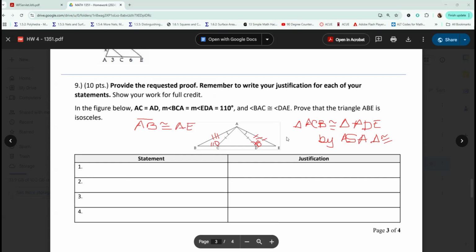And then we just prove it because the triangles are congruent. So why are they congruent? By CPCTC, corresponding parts of congruent triangles are congruent. By CPCTC, these two sides are going to be congruent because the triangles are congruent. Then you can say that by definition of an isosceles triangle, triangle ABE is an isosceles triangle.